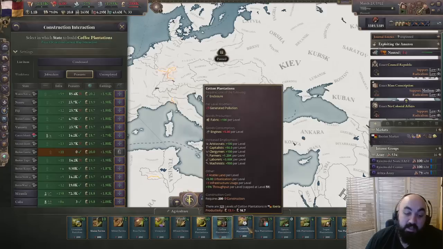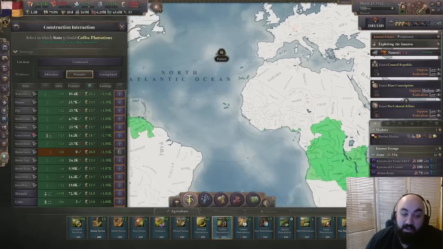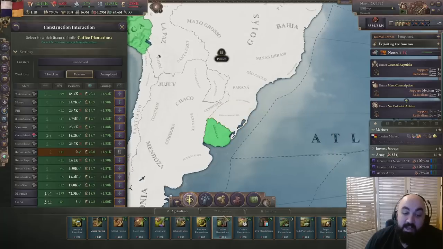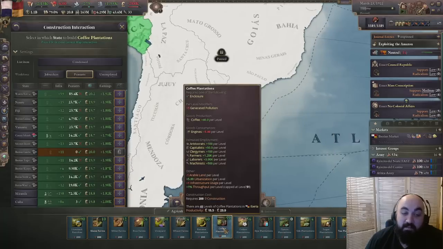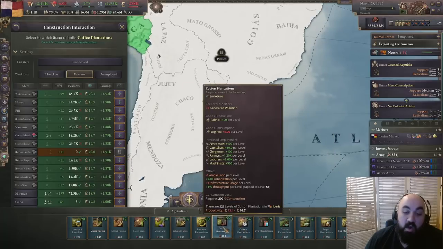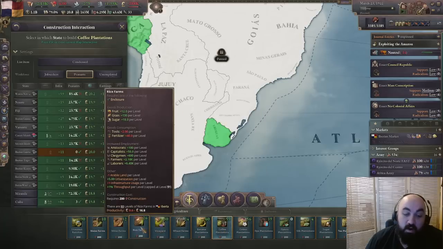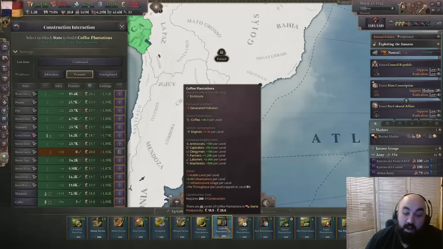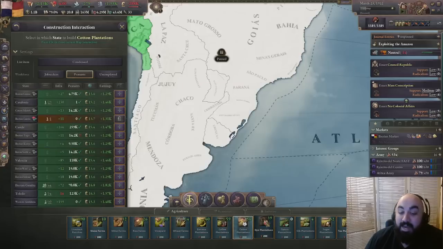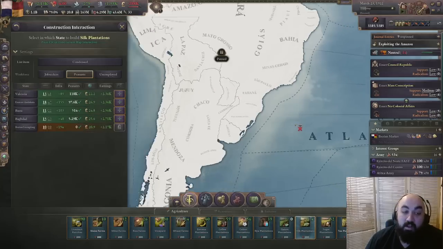Coffee plantations, you're going to be looking around asking yourself, hey, is there nothing better? It's generally when you do not have very good options in the stuff that leads into clothes, or a superior grain like rice or rye. That's when you build the coffee. Cotton and dyes and silk in particular are going to look good.